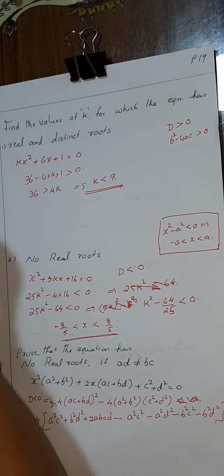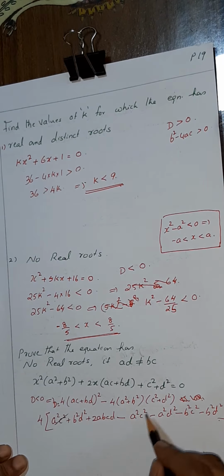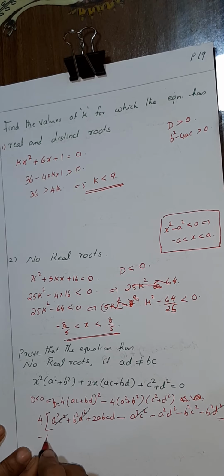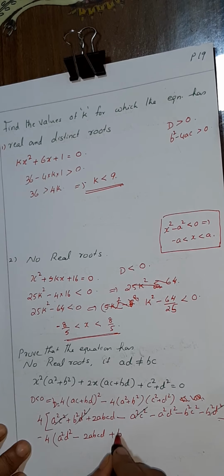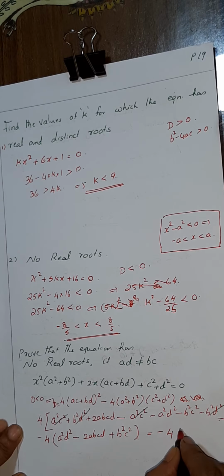So these will get cancelled. So now I'll take minus 4 into a squared d squared minus 2abcd plus b squared c squared. So this is equal to minus 4 into (ad minus bc) the whole squared.